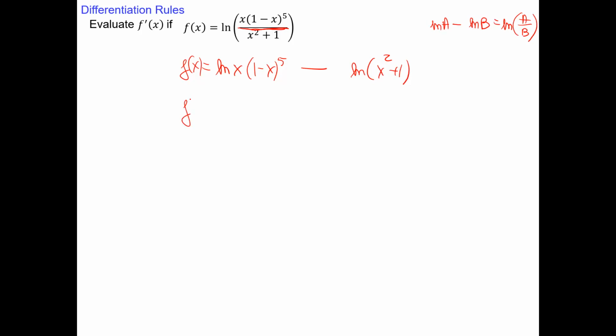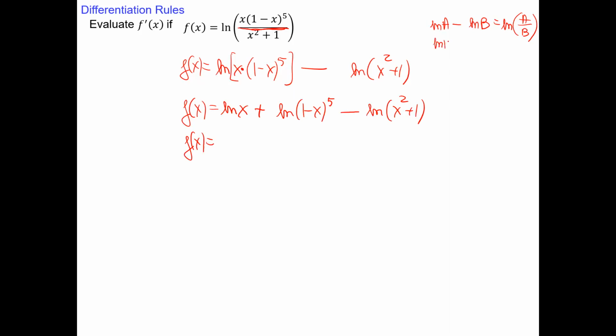That's good, but I can still do more. I have a logarithmic function of a product. If we have a product inside, we can split it for addition, minus natural log of x plus 1. And you may see one more.